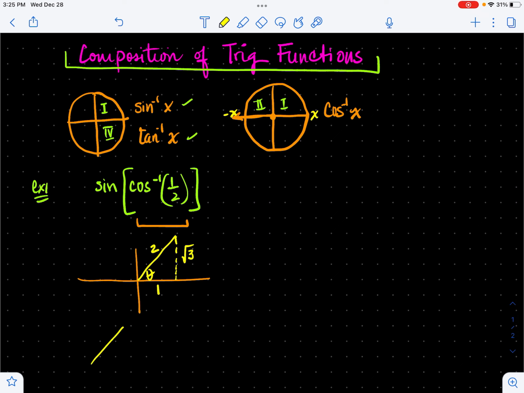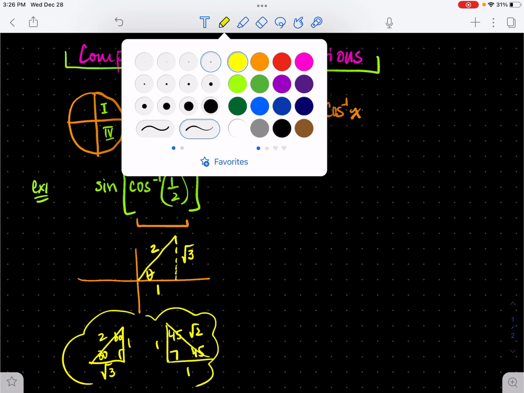If you recall our special right triangles, 30, 60, 90, the side opposite to 30 is 1, hypotenuse would be 2, and the adjacent side would be root 3. I'm following exactly that. Don't forget your other special right triangle, the 45, 45, 90. If this is 1, then the hypotenuse would be root 2. So that's what we're going to follow in most of these questions.